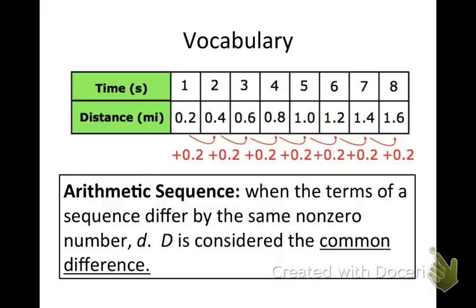So it's when the terms of a sequence differ by the same non-zero number, and we're going to use a lowercase d to represent that number. And we call that d the common difference. The common difference.